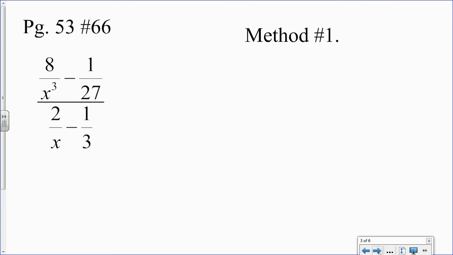Okay? Alright, so we have a fraction and a fraction here. And we'll do this using method 1 first. I'm not going to, on a test or quiz, tell you you have to use a specific method. You could choose whatever way you want to solve it.